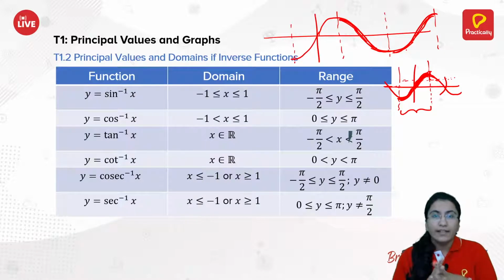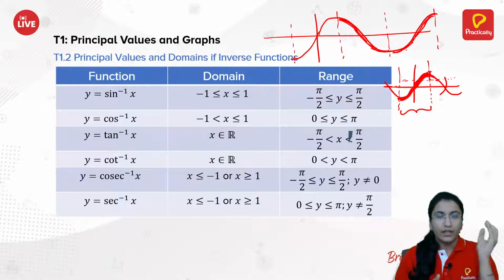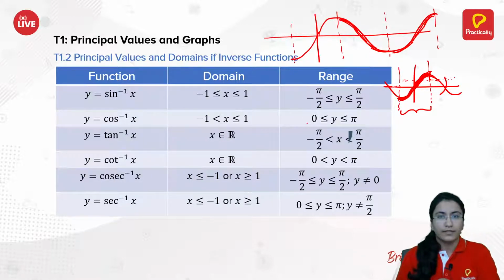For that, a basic thing which has been set and predefined for us is that we need to take the first quadrant in all the ranges. Like the first quadrant is necessary to be written in all the ranges. After that, you need to see whether you take the second quadrant or the fourth quadrant.